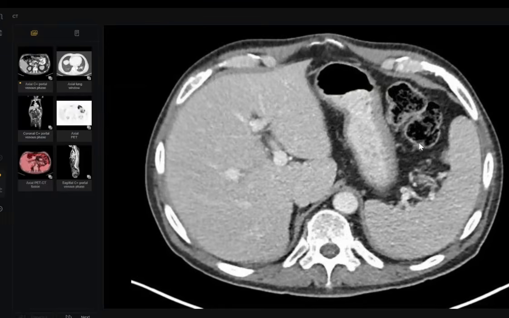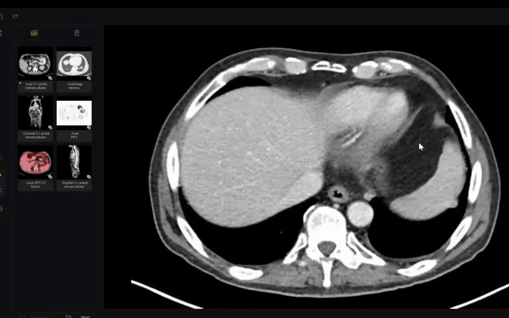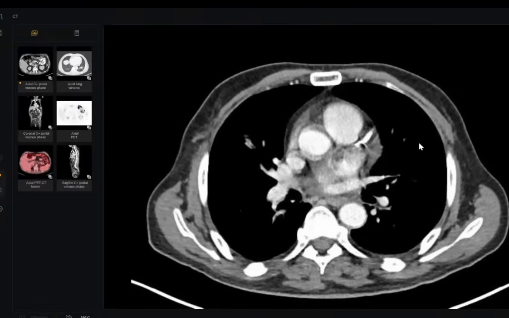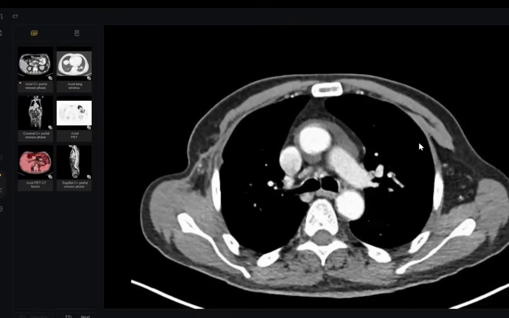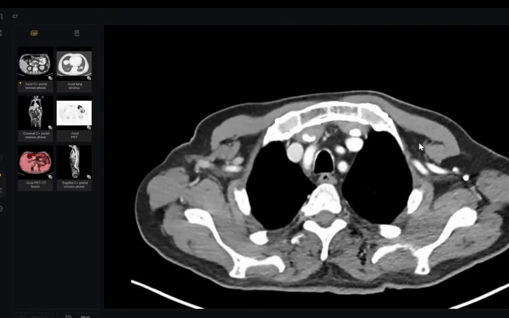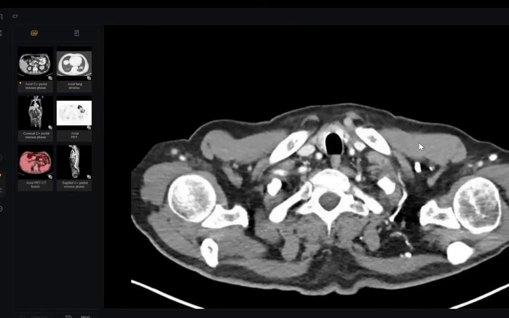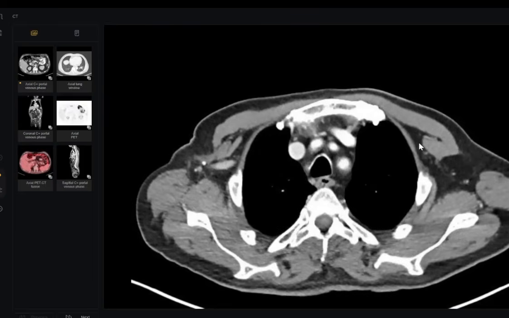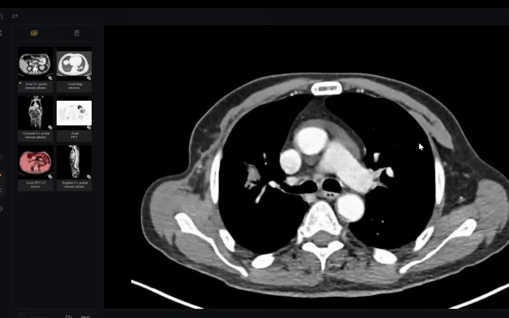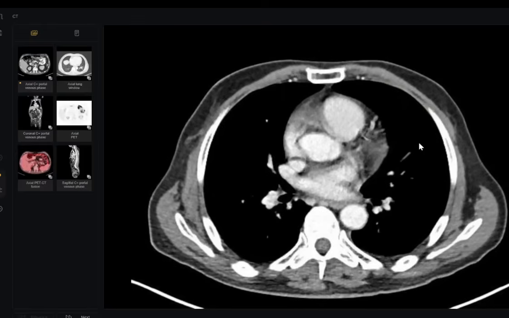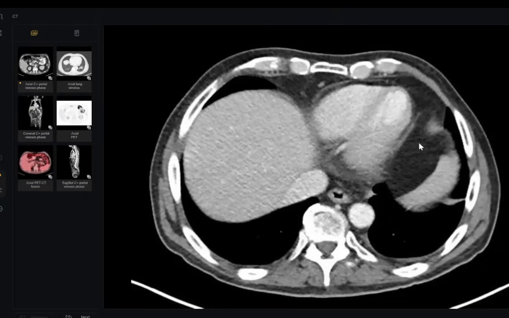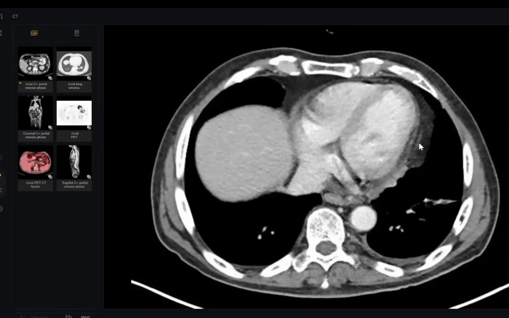In my first quick scroll, the obvious abnormality I could appreciate was mild pericardial effusion and pleural effusions, and pericardial thickening as well.